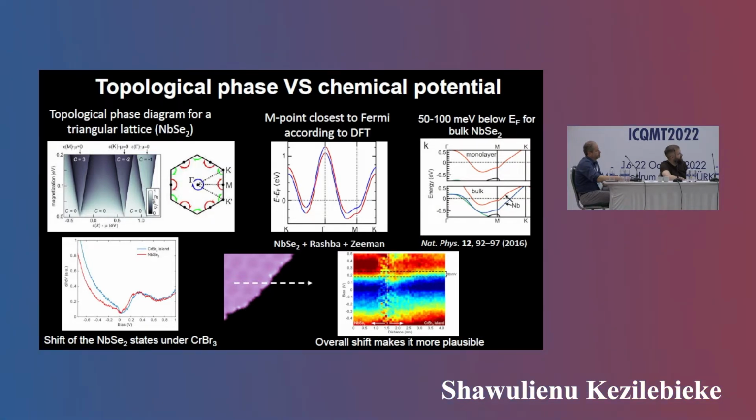As you can see, when we measure the same spectra through the chromium bromide layer, the spectrum is shifted. We can study this shift systematically across the boundary between chromium bromide and niobium diselenide, and from this we get an overall shift of around 80 millielectron volts. This really puts us very close to where we should be.